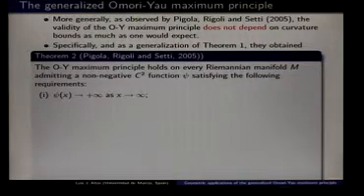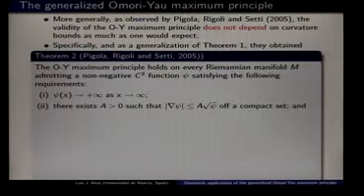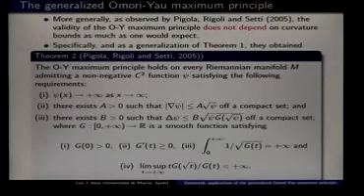First, the function psi goes to infinity as x goes to infinity, in the sense that it leaves the compacts of M. Second, there exists a positive constant such that the gradient of psi is bounded from above by this constant times the square root of psi, outside a compact set of M. And the third condition: we also need a control on the Laplacian of psi.